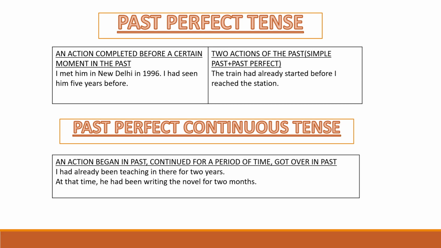For example, I have been teaching here for 2 years means I have started teaching here 2 years back and still going on, means my teaching is still going on. So that's why I have used present perfect continuous tense. But past perfect continuous tense is like you have started something doing in the past, continued for a period of time, and stopped doing also in the past itself.